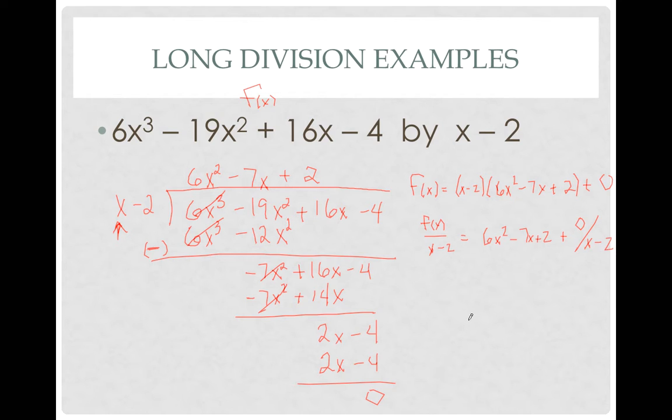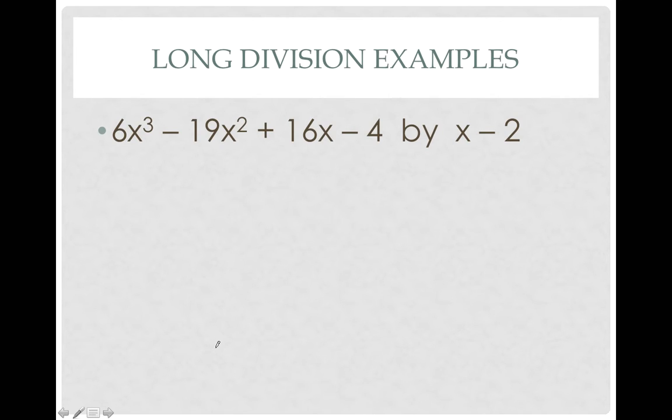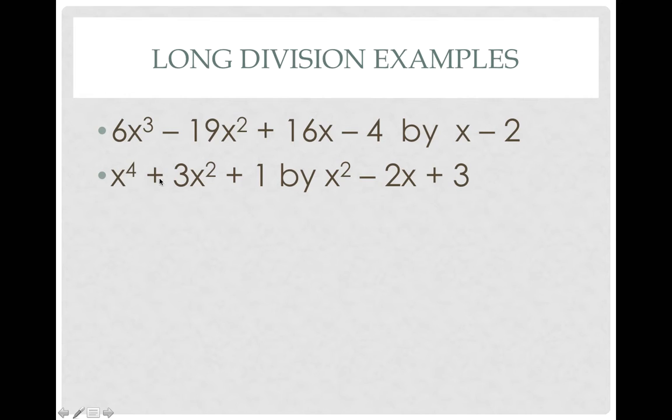All right, let's try another example here. So now we're going to take a quartic function and divide by a quadratic. So we're going to take x squared minus 2x plus 3 and divide into a quartic function.